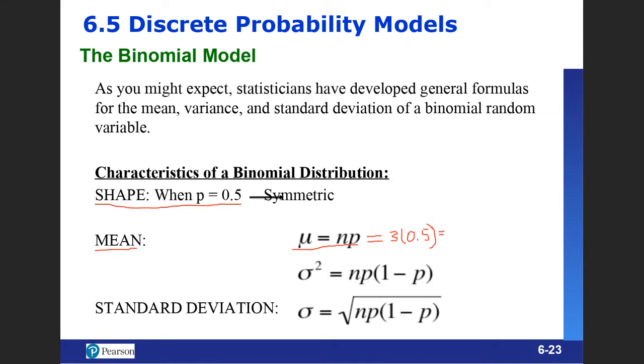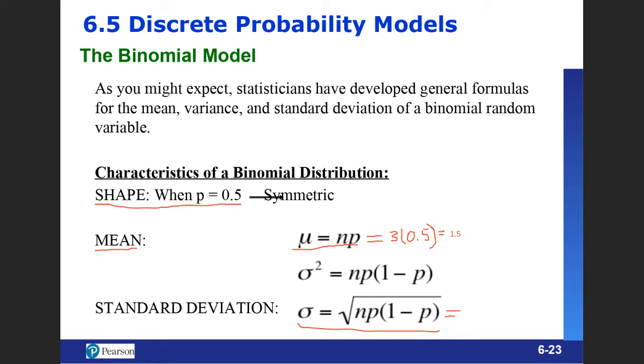And then let's do standard deviation. So standard deviation is this formula. And what do you get for that? So it's the square root, and don't forget to square root because otherwise it's not standard deviation. N times p times 1 minus p. Anyone answer for us?